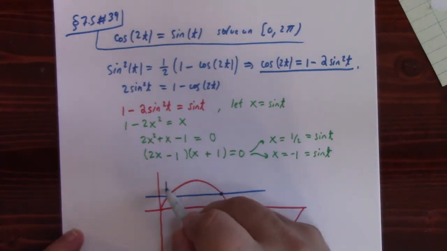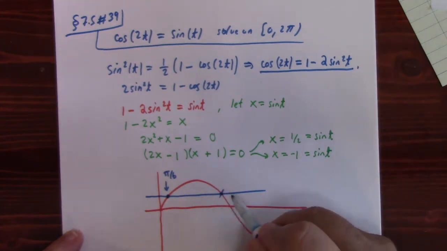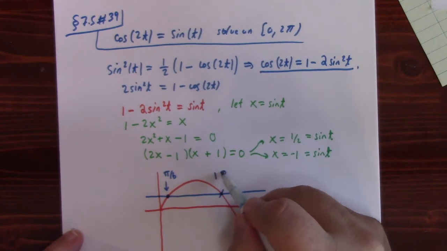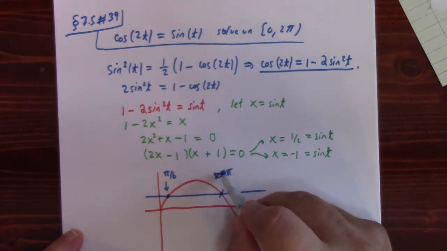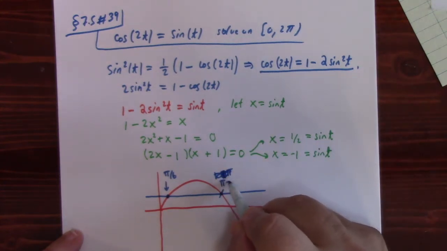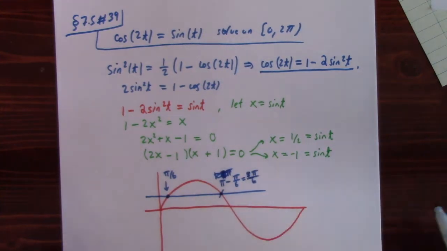So I know that that's pi over 6. Sine of pi over 6 is a half. So this is pi over 6 from pi, so that would be 12 minus 1, 11 pi over 6. Wait a minute. Pi is 6, so I should be more careful. Pi minus pi over 6, so 5 pi over 6. Don't be a dummy. Me, not you. 5 pi over 6.